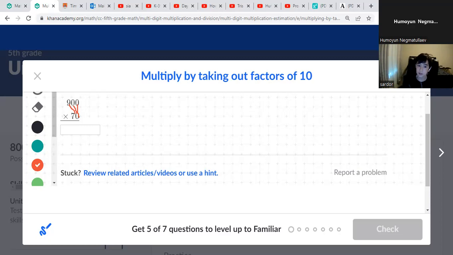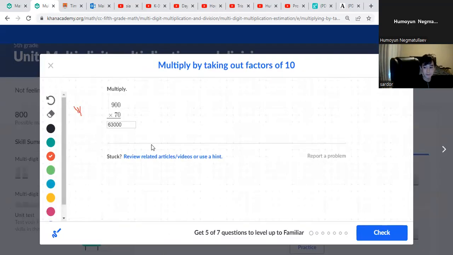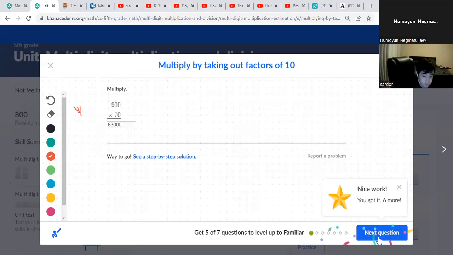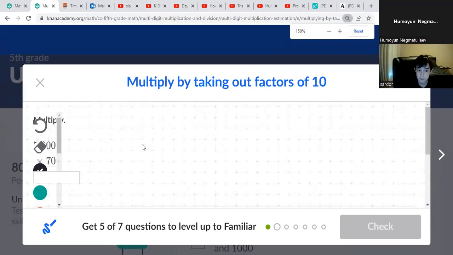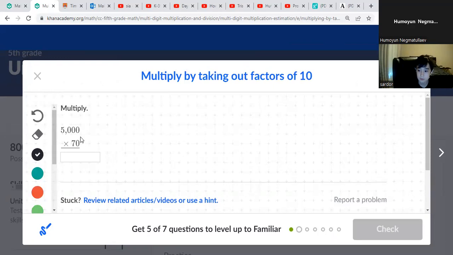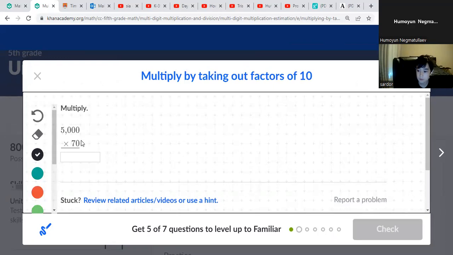Are you sure? We learned this at school. Can we check it out? Yes. Nice. Next question. Do this one, because they are always the same number but a different multiplication. Okay.